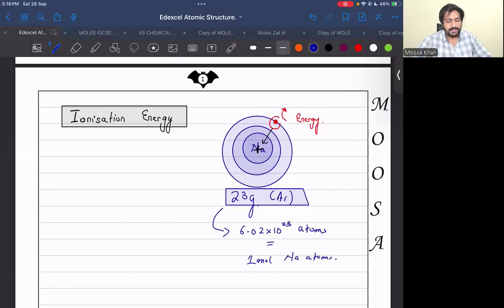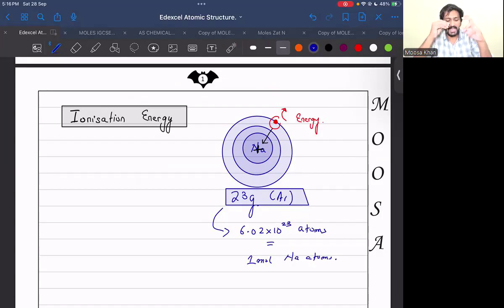So whenever we are dealing with any quantity in terms of atoms, molecules, or ions, whether it is a mass, a volume, or a number of atoms, we introduce a new unit, which is the mole. Whenever we have to deal with the mass of any element, the molecular mass of any compound, or the volume of any gas, we start our working from 1 mole of that particular substance.